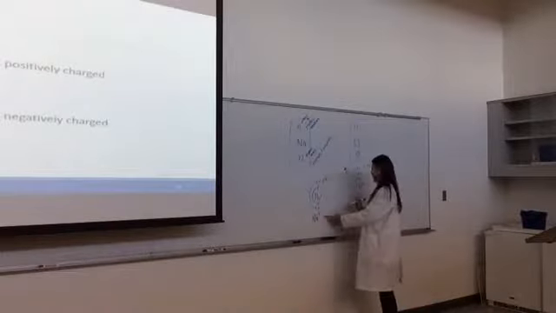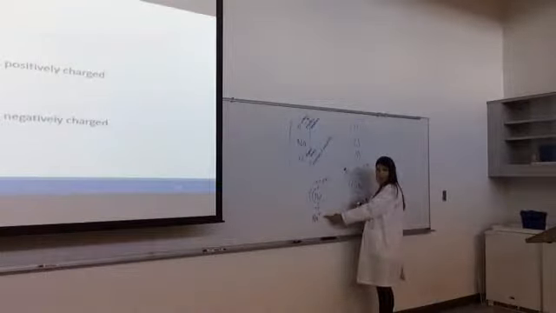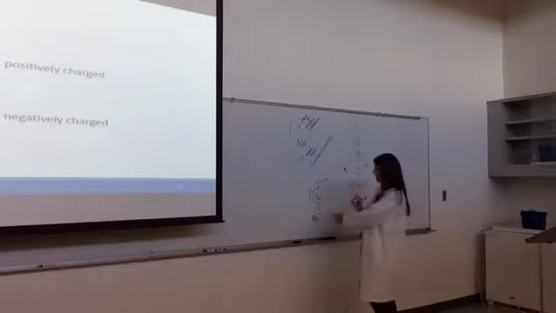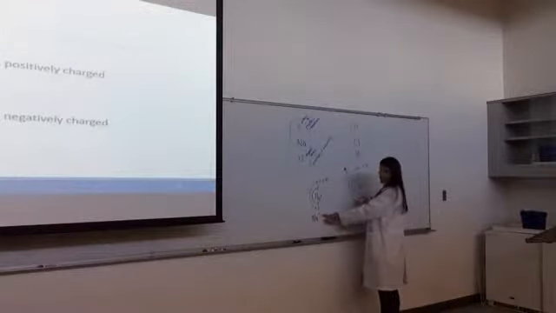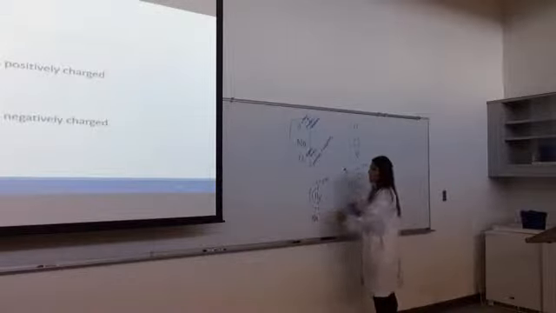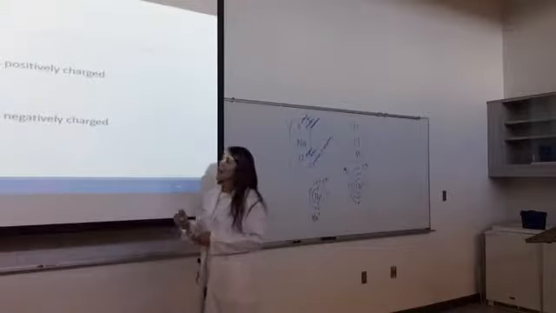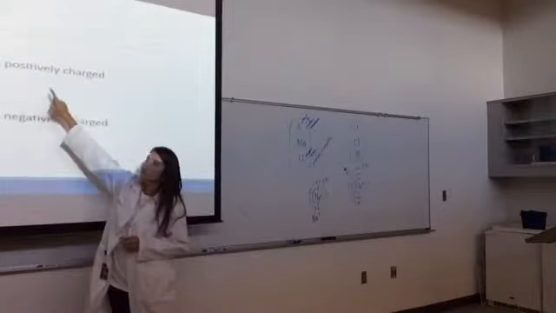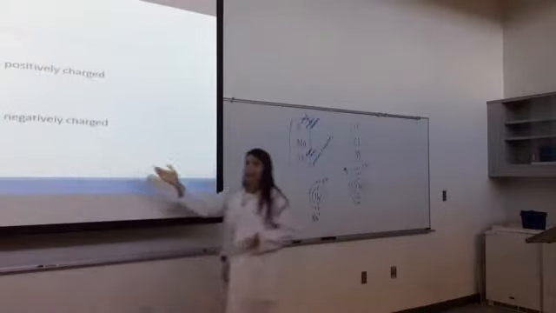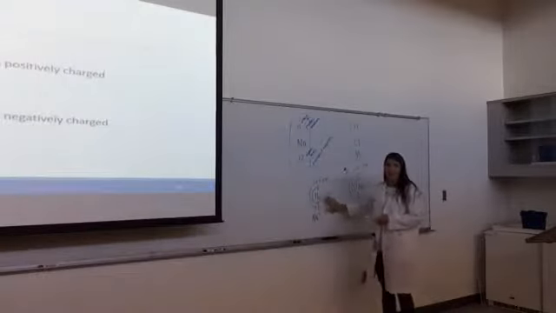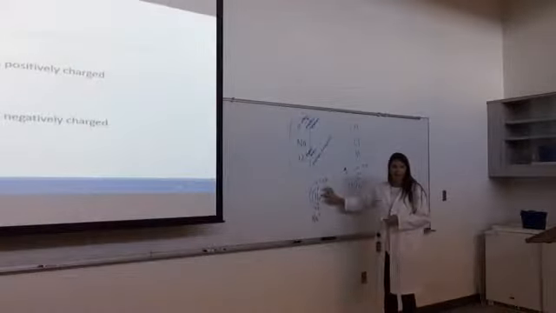So we write it like that with sodium, and then it has a plus sign. This indicates that it is a cation. A cation is a positively charged ion, which just means that I have more positives here than negatives. Does everyone see that?